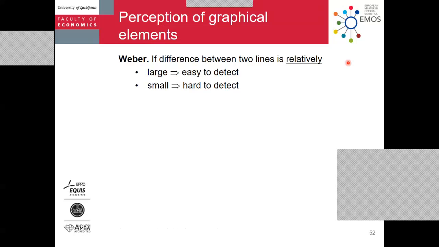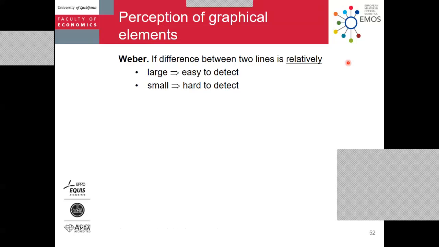This is a difference that you will be able to spot quite easily. Now think of 100 centimeters and then a second line 100.5 centimeters long. Well, this is just 0.5% longer, and it will be very difficult to detect. So they would look pretty much the same.